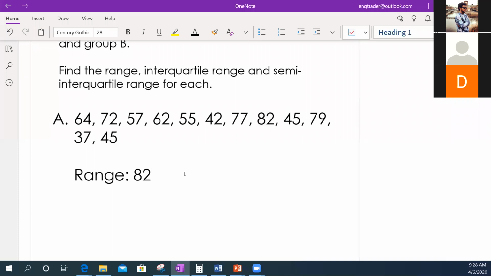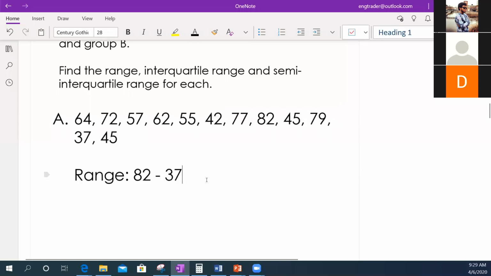Now I need to subtract it from the lowest value, so I need to identify what the lowest value is. I see we have 40s, and it looks like 42 could be the lowest, but over here I see 37. So I have to do 82 take away 37.